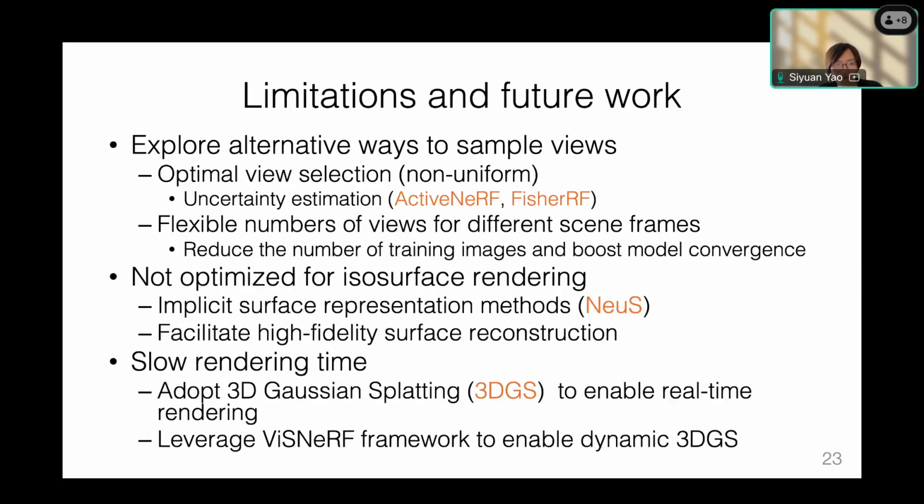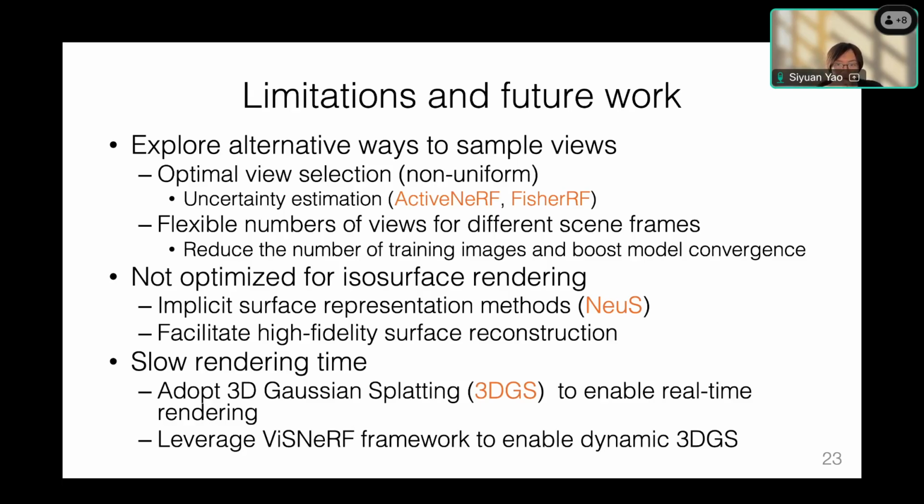We also didn't use a flexible number of views for different scene frames, which potentially could reduce the number of training images and boost the model convergence because we're using a smaller training set. And we also didn't optimize for isosurface rendering because NeRF is unlike implicit surface representation, which considers the thing more as a surface.